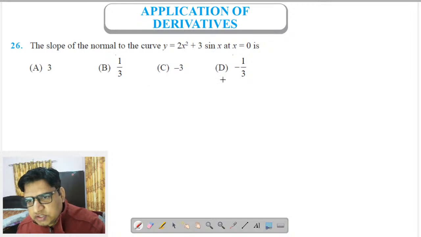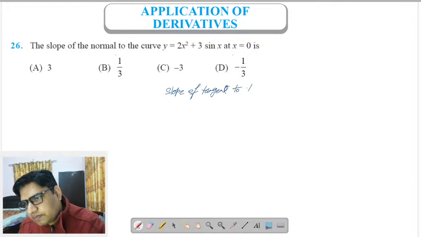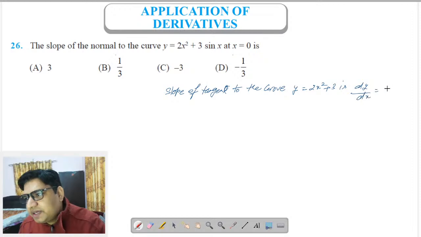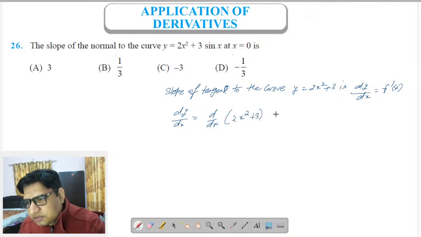So first of all, find out the slope of tangent to the curve y is equal to 2x square plus 3. dy by dx, or you can simply write f dash x, is equal to dy by dx of 2x square plus 3, and that will be equal to 4x only.